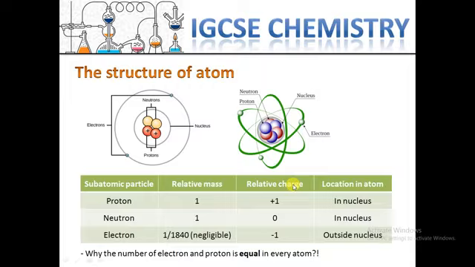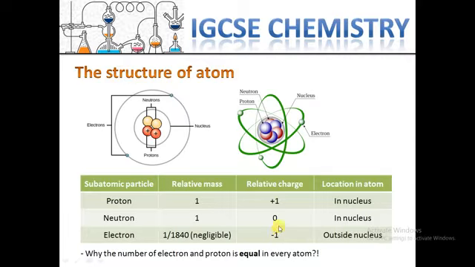About the charge, the atom by itself is neutral. There is no charge. But inside the nucleus, the neutron has 0 charge, the proton has a positive charge, and the electron around has a negative charge.